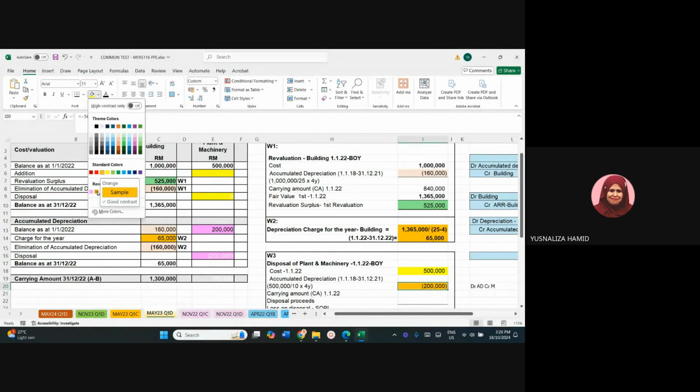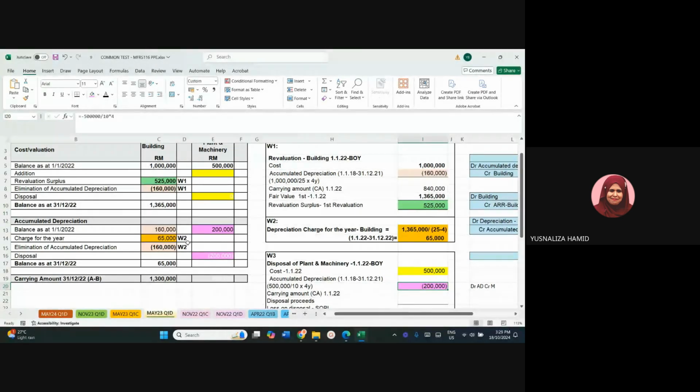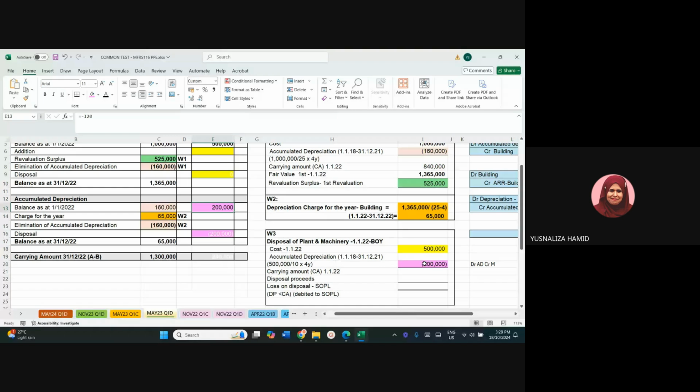Okay, that was the figure here. And after you have included the beginning balance, since it was not given, now you are going to eliminate the accumulated depreciation. So now only you can go and debit accumulated depreciation, credit machinery. So when you debit, it is actually removing it from the accumulated depreciation account, right?